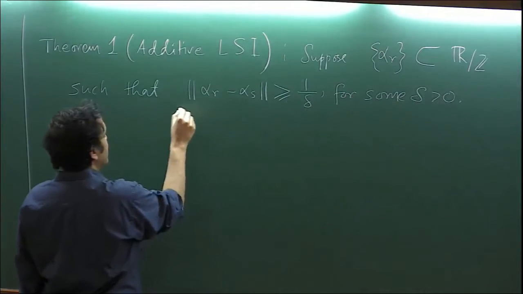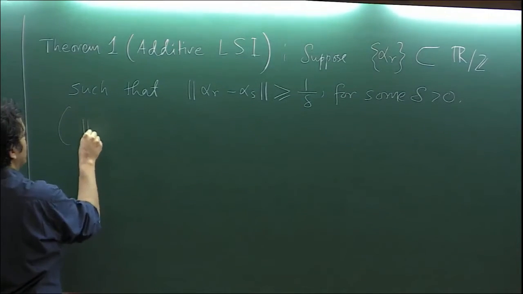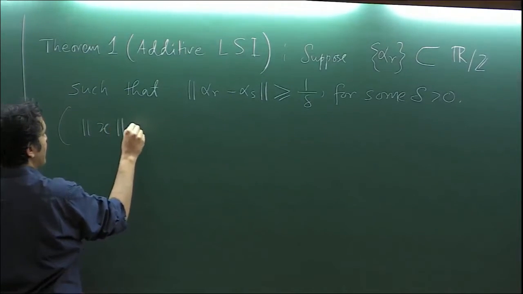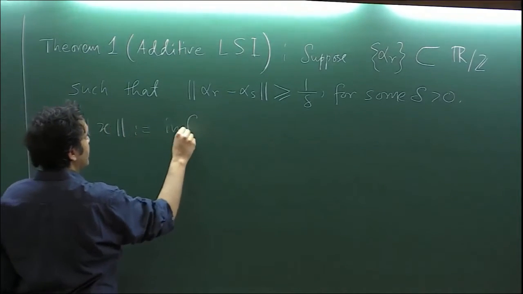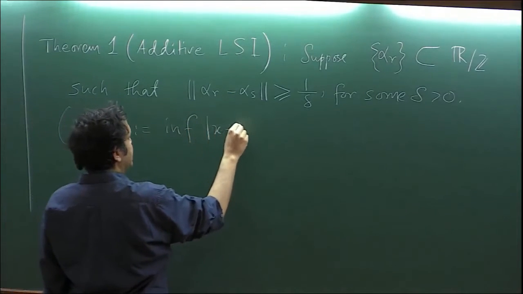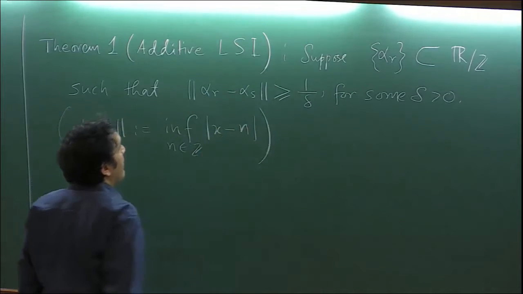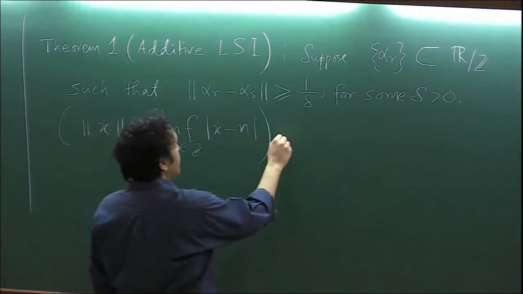And the norm of some real number x means the infimum of |x minus n| over integers n.